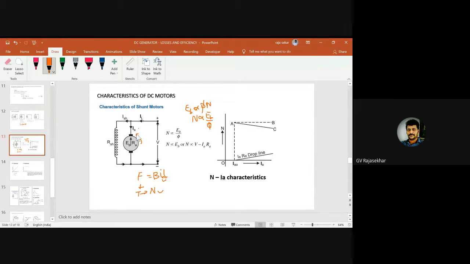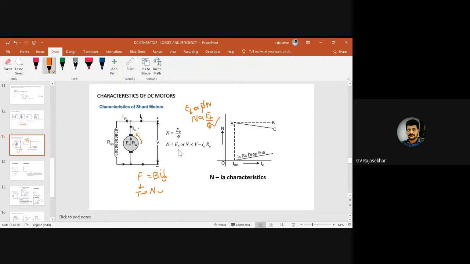Now, since in a shunt motor or a shunt generator, ISH is constant, phi is constant, so N is directly proportional to EB. Why is N proportional to EB only? We are taking phi as constant in a DC machine, because ISH is constant.